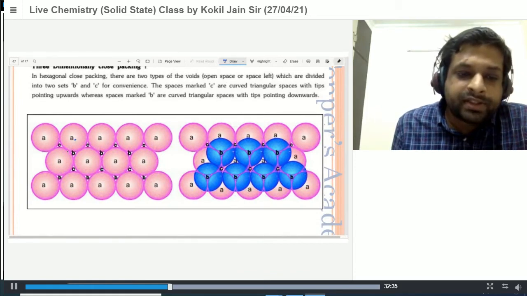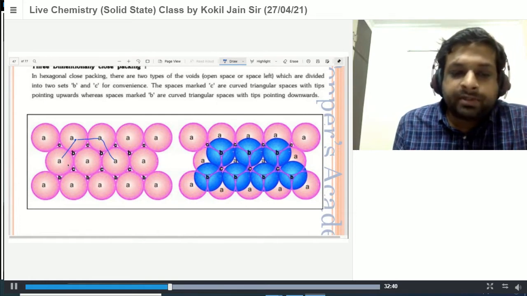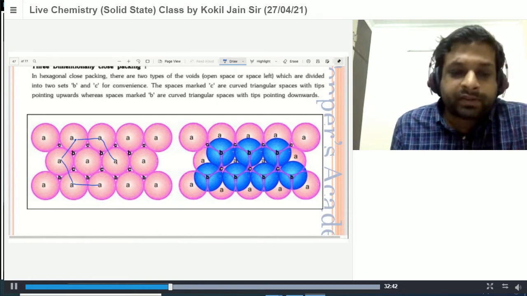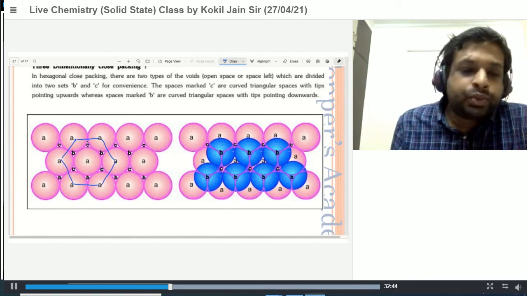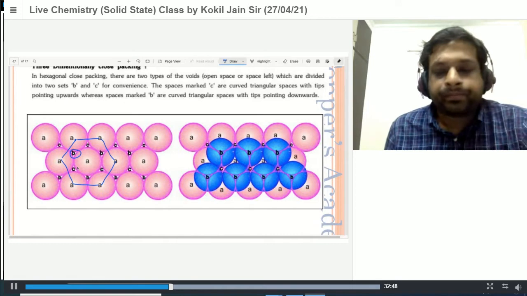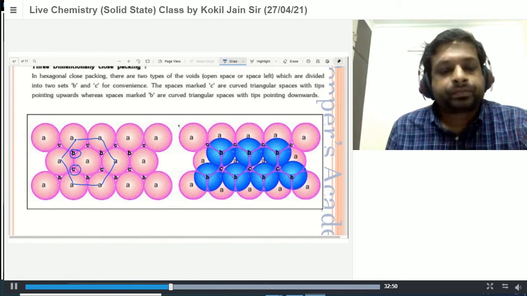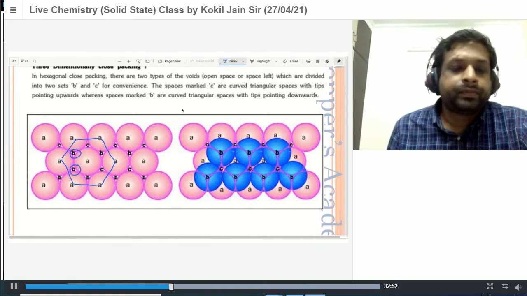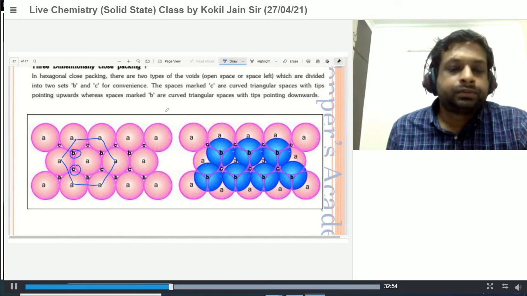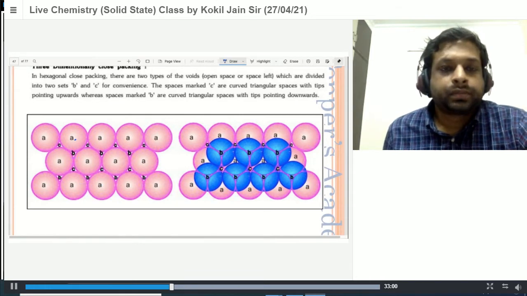At the base level, the centers of the sphere layers are lying one below another, exactly arranged like this, and above this sphere we are seeing another sphere. Exactly at the same center we are putting another sphere above it.